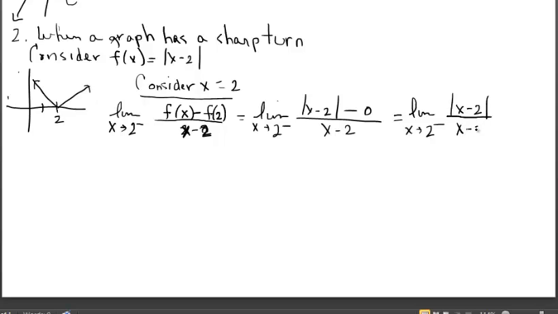Think about this function here that we're looking at. We've dealt quite a lot with this this year and last year too. The left-hand limit. If you think about what that graph looks like, as I approach 2 from the left, the outputs are going to be -1. So that's my left-hand derivative.